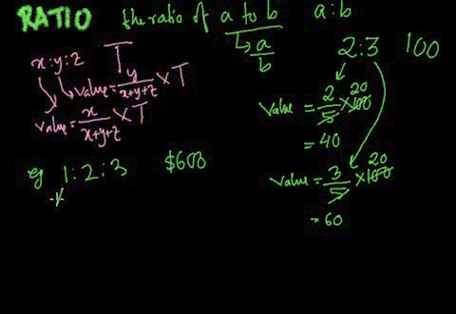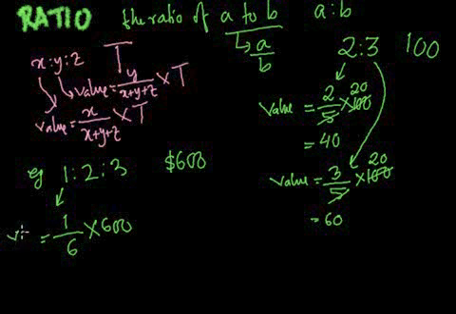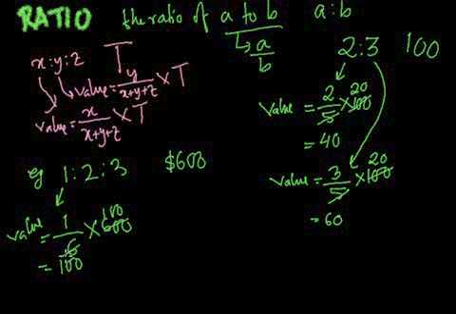Out of the total, 1 plus 2 plus 3 is 6 portions altogether. So the first person is getting 1 portion out of 6 portions, so 1/6 of the total value, which is 600. So the value that this person, let me call him John, is going to get, if we cancel this off, is 100 into 1, which is $100.